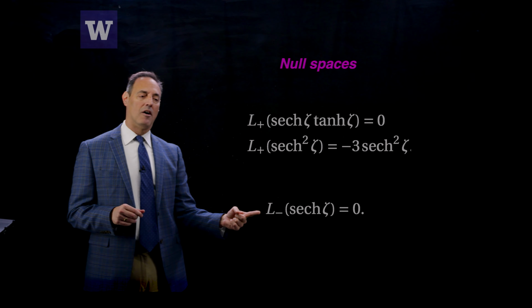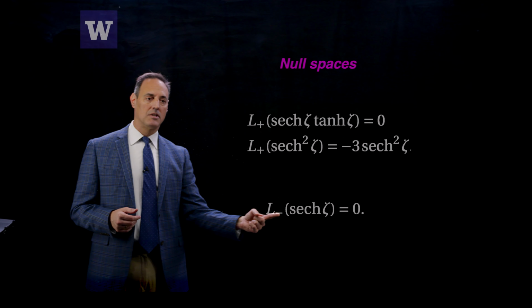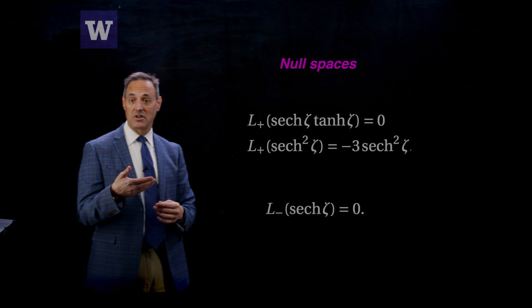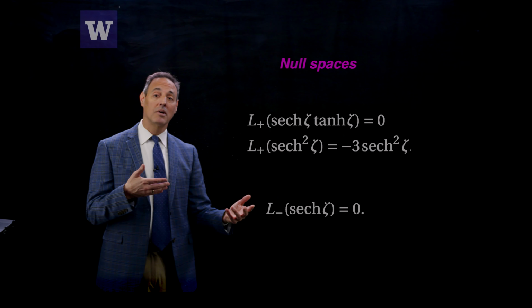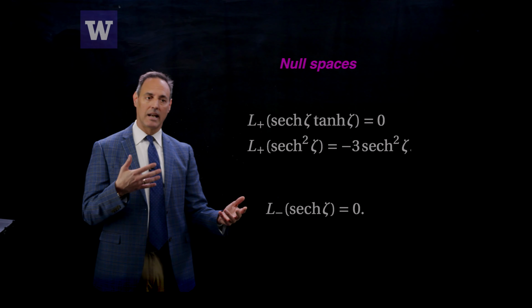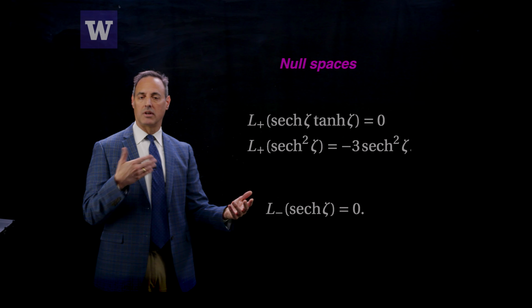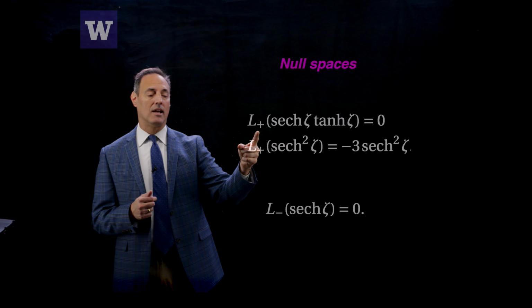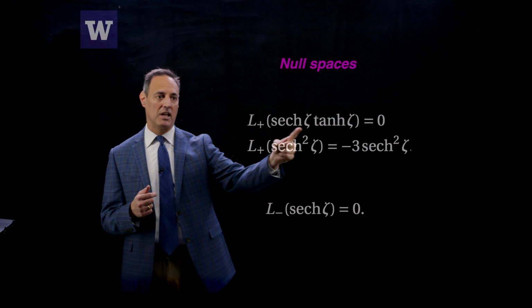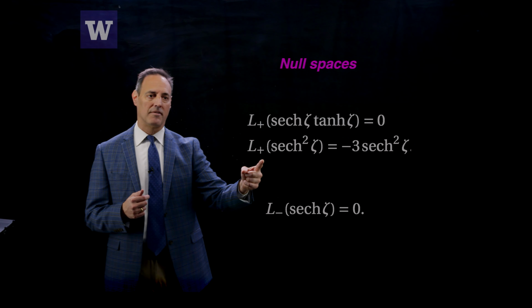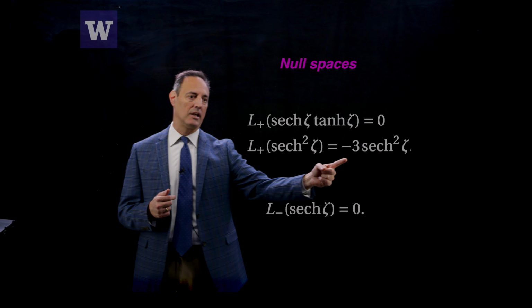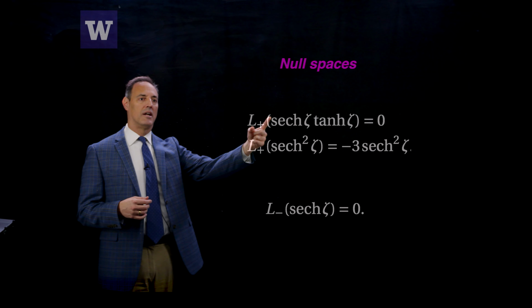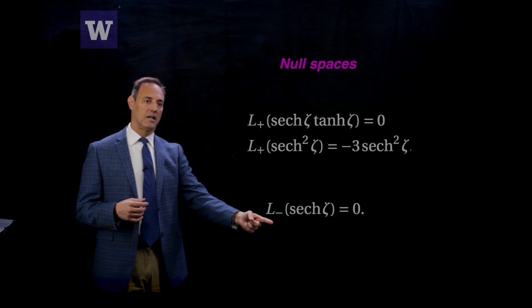L minus itself, its null space is this non-trivial solution, which is the hyperbolic secant. So I'm going to have to take that into account. That's going to impose some kind of constraint, right, that I have to be orthogonal to this to get a solution. The L plus operator, notice it has a null space spanned by a sech tangent. It also has another eigenvalue, which is sech squared, which is negative 3 sech squared. So this here has an eigenvalue at minus 3. This here has an eigenvalue at 0. This just has an eigenvalue at 0.